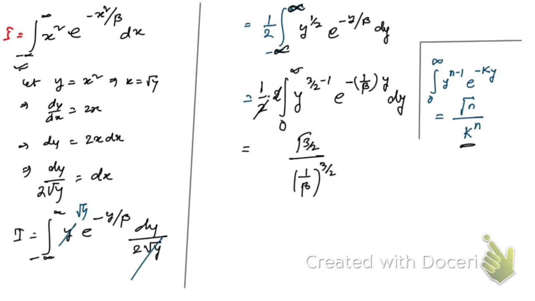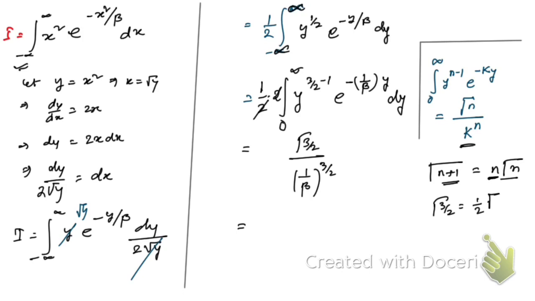Now we know that gamma of n plus 1 is n into gamma n. So to evaluate gamma of 3 by 2, it is half into gamma half, since we reduce 1: n plus 1 minus 1 gives n, so 3 by 2 minus 1 is half.